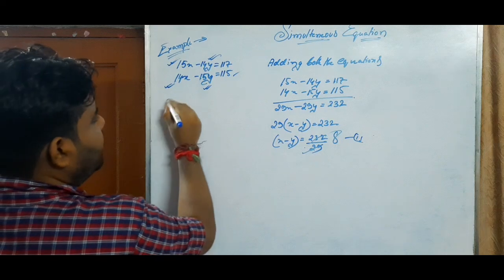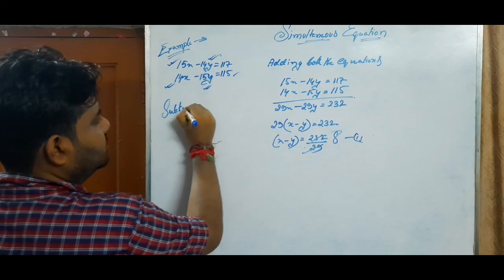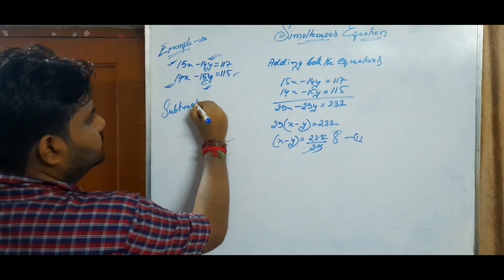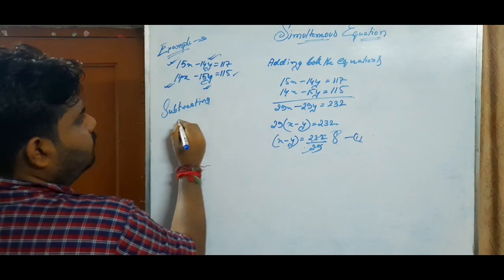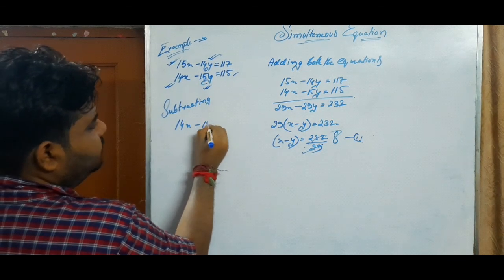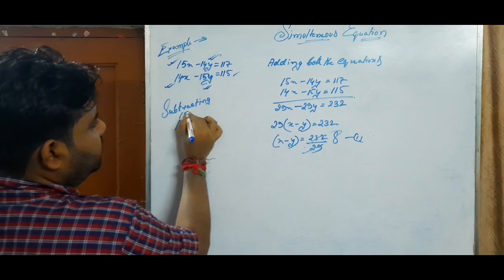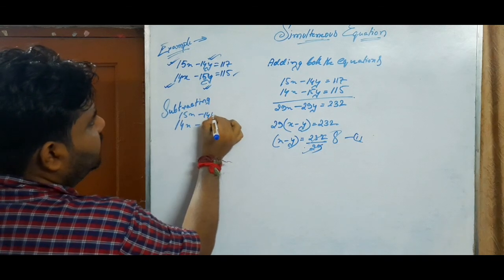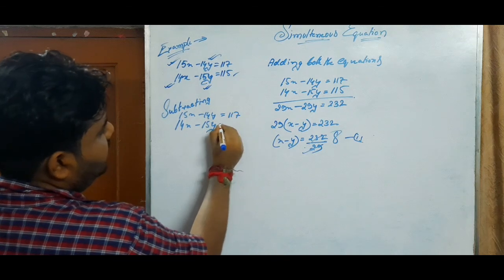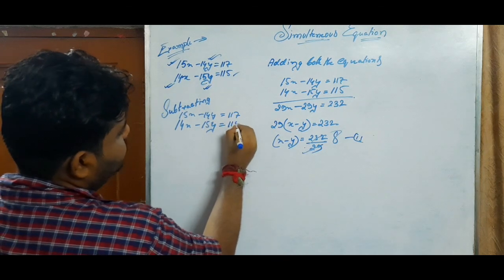Now while subtracting, 15x minus 14y equals to 117, 14x minus 15y equals to 115.